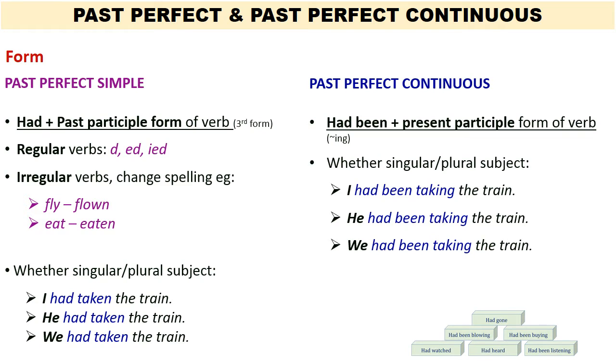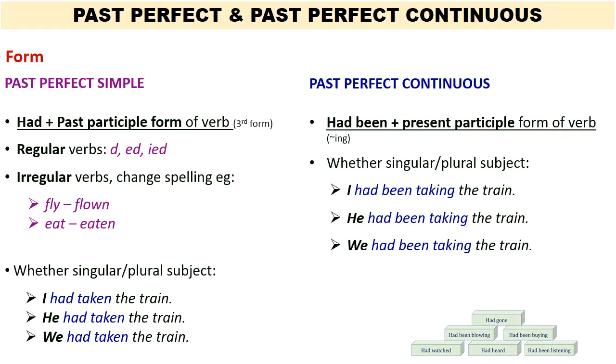Let's look at the form of the past perfect continuous tense. And this is the formula. We use had been plus the present participle form of your main verb. And the present participle form of verbs is the verb plus the ing.